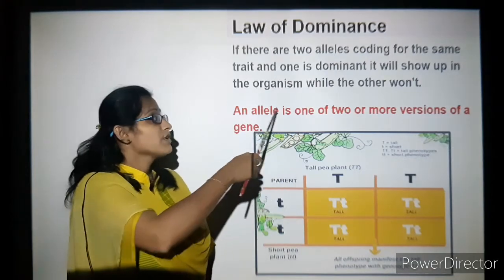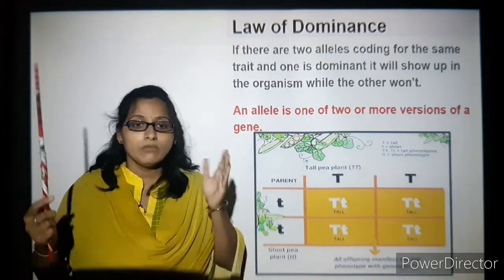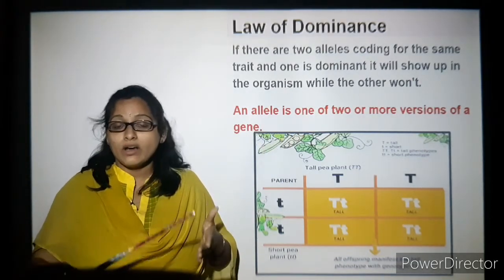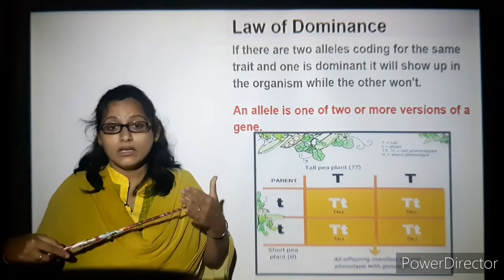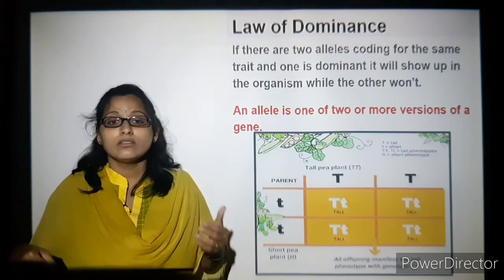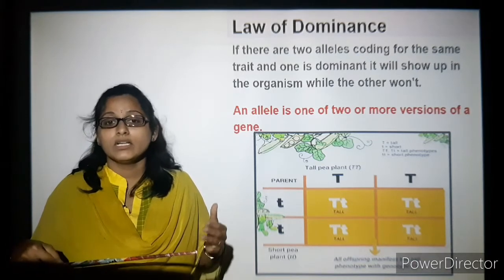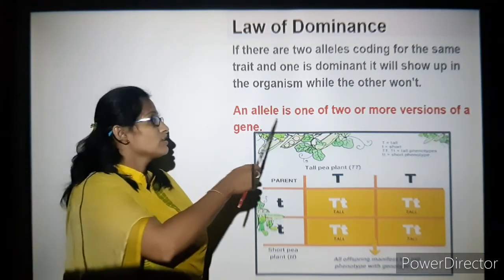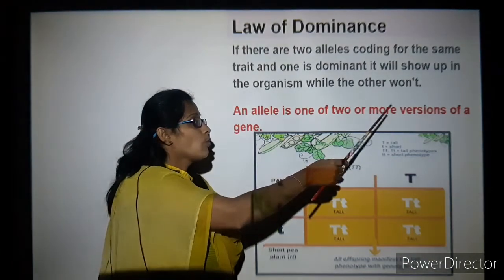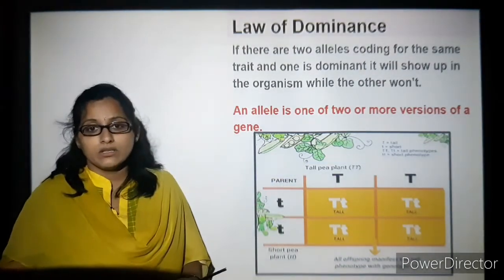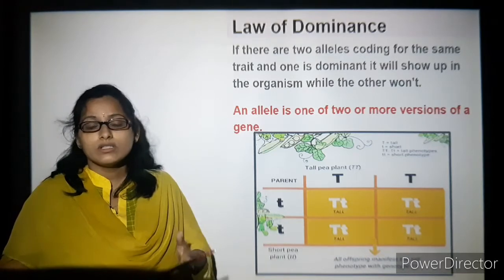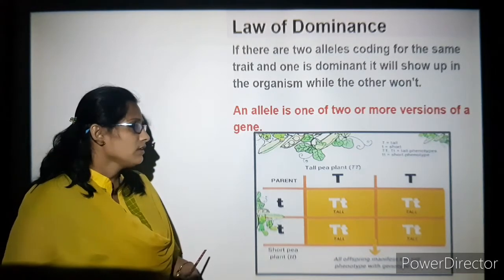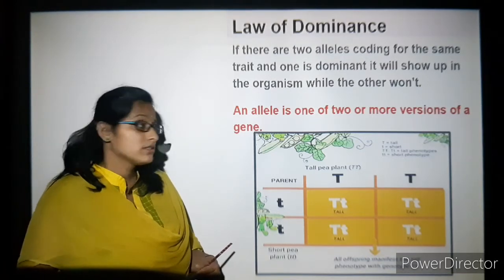So it will show up in the organism. The organism will become tall, and dwarf will remain as a gene inside the organism, but it is inactive in nature. So you can see an allele is one of 2 or more versions of a gene. Here we can take one more example.